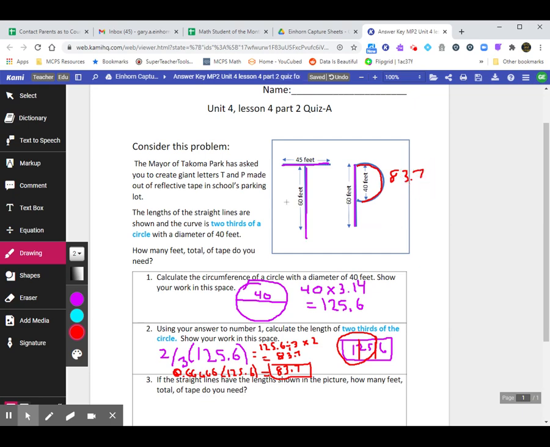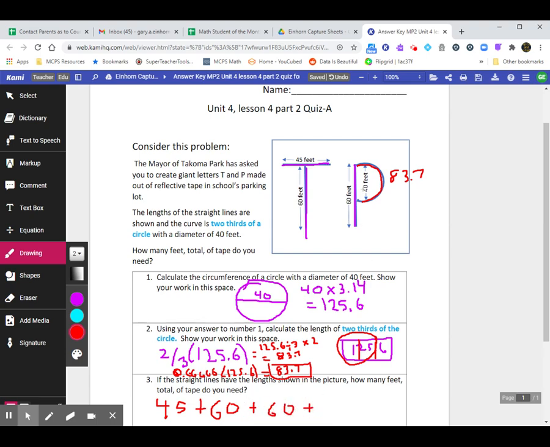So now we have all the pieces. We know the top, we know the up and down part of the T, we know the up and down part of the P, and we know the curve of the P. So all we have to do is add it together. The top of the T is 45. The vertical part of the T is 60. The vertical part of the P is 60.